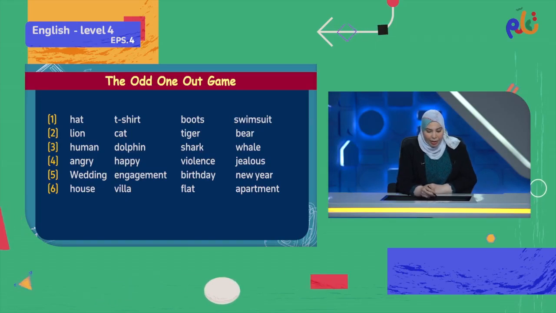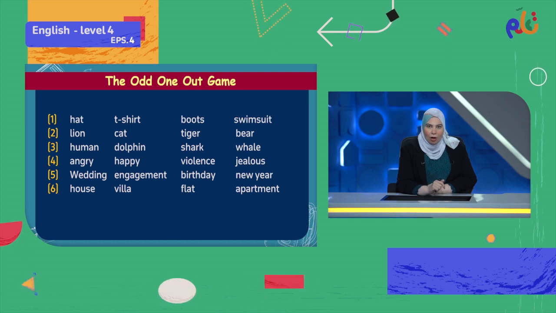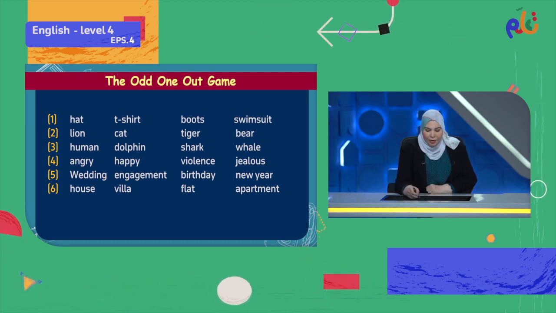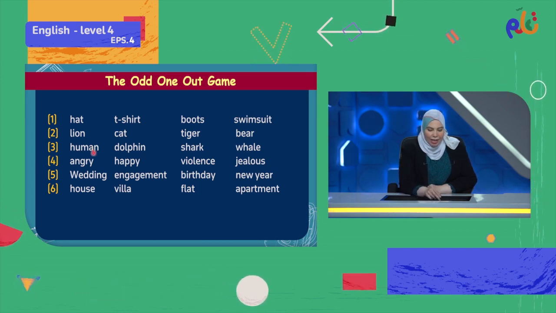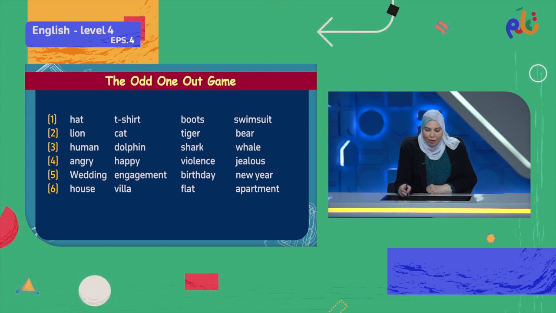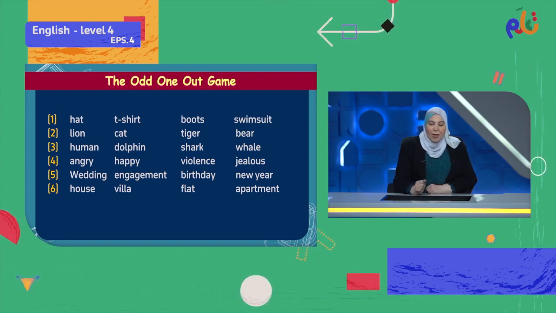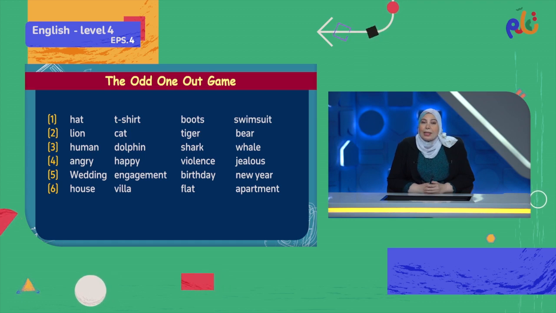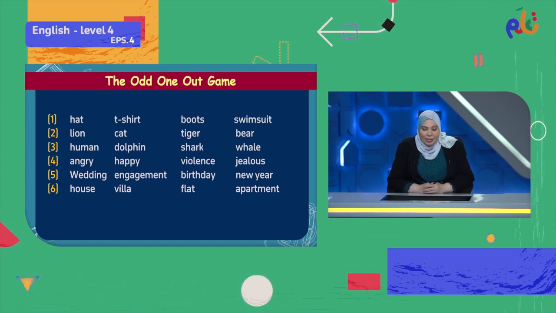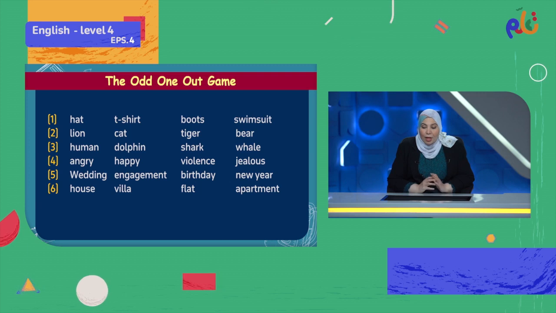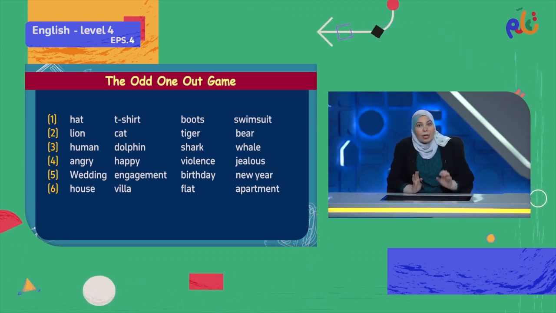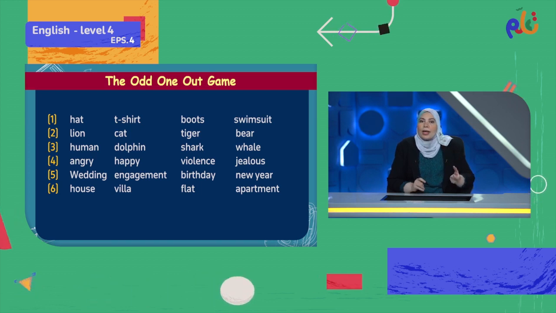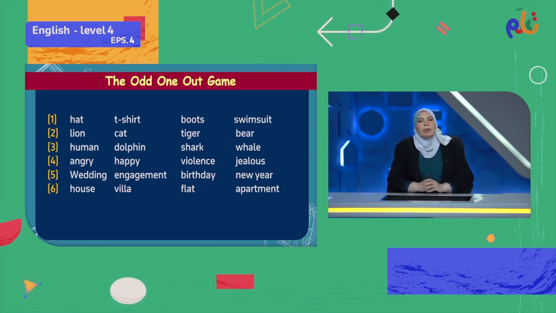Okay, let's go to the next one and let's think which one we're going to odd out. We have angry, happy, violence, and jealous. Angry, happy, violence, and jealous. So let's think about it and choose one that would be different. There is one which is obvious, and there is one, if we think deeper, English-wise or meaning-wise, that will be different.